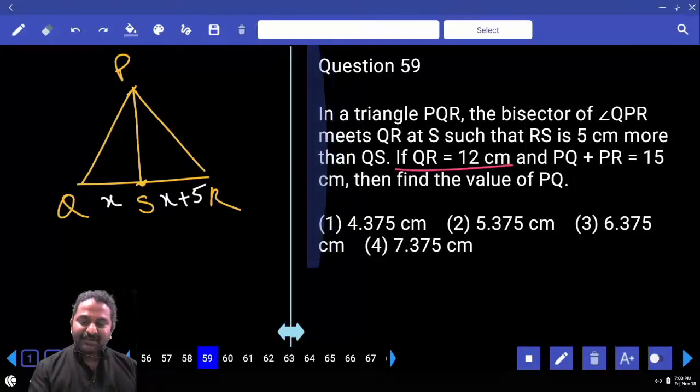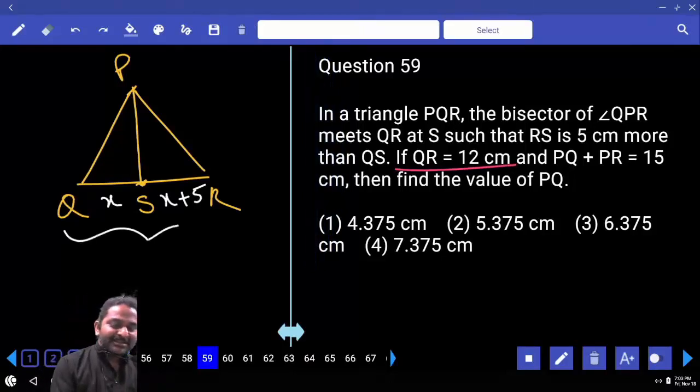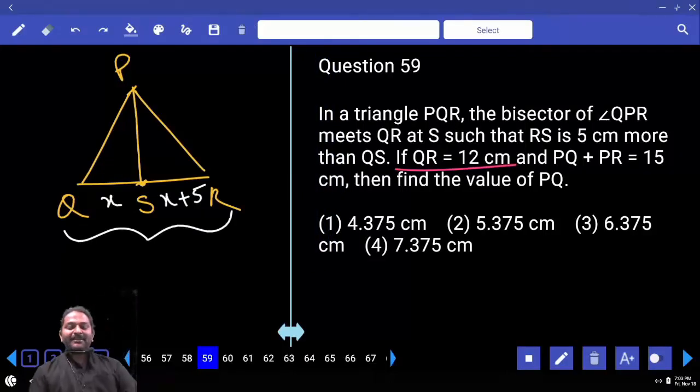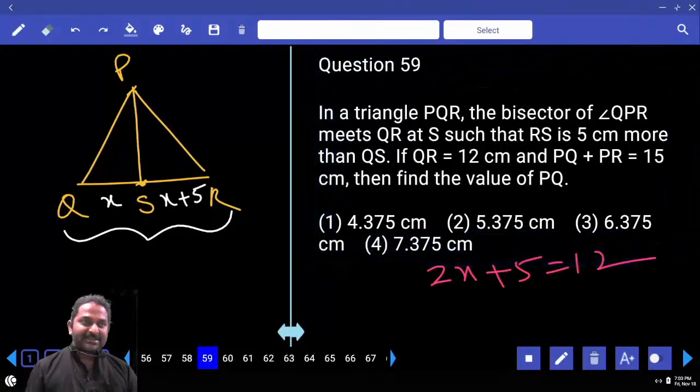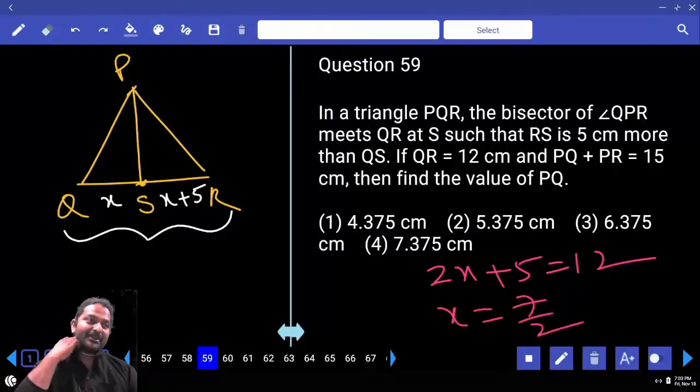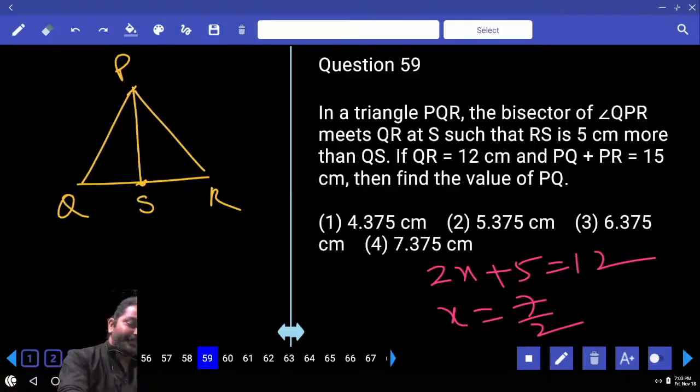If QR is equal to 12, that means 2x plus 5 is equal to 12. If 2x plus 5 is equal to 12, 2x is equal to 7, x is equal to 7 by 2, which is 3.5. So can I write x as 3.5?